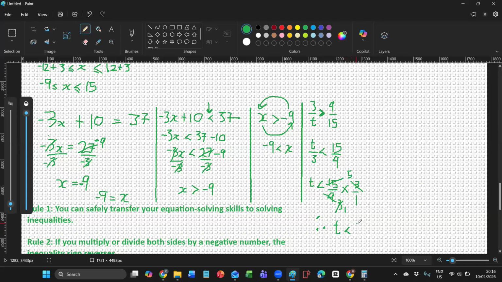Now let me ask you a question. Based on these rules that you've just learned, if I found myself with this scenario, I want you to tell me what will happen. It's not there, but let's pretend that -3 was underneath. What would have happened here?